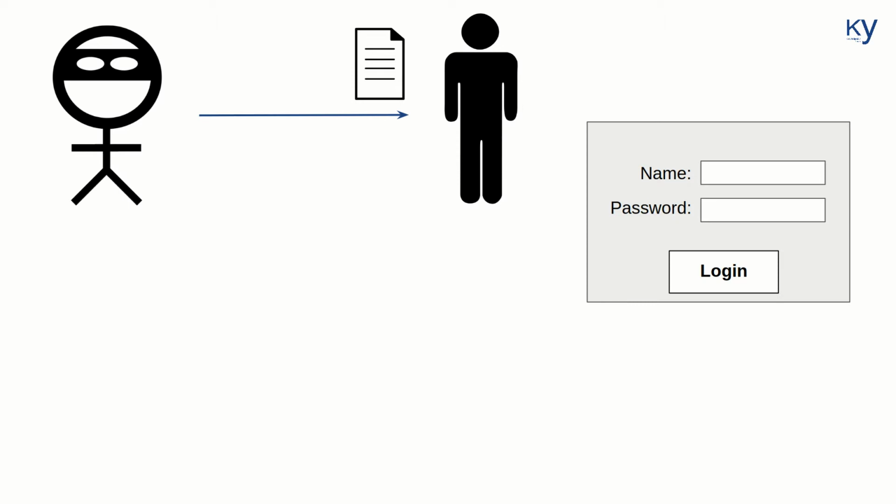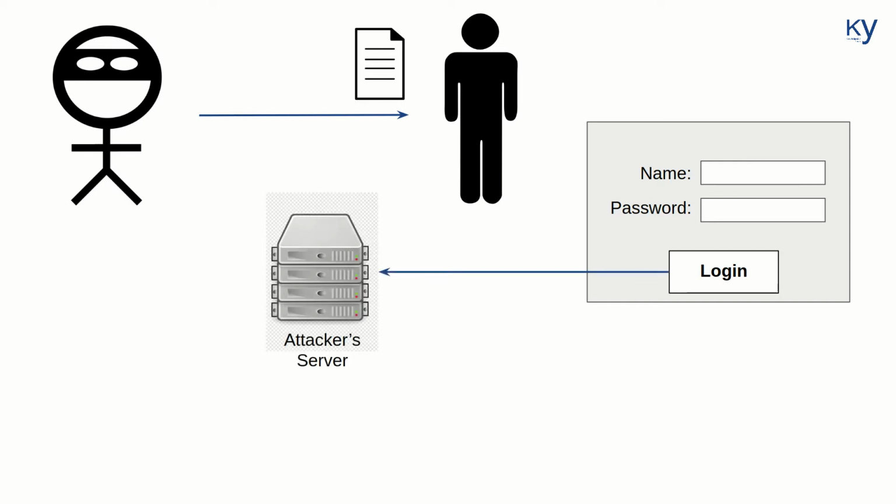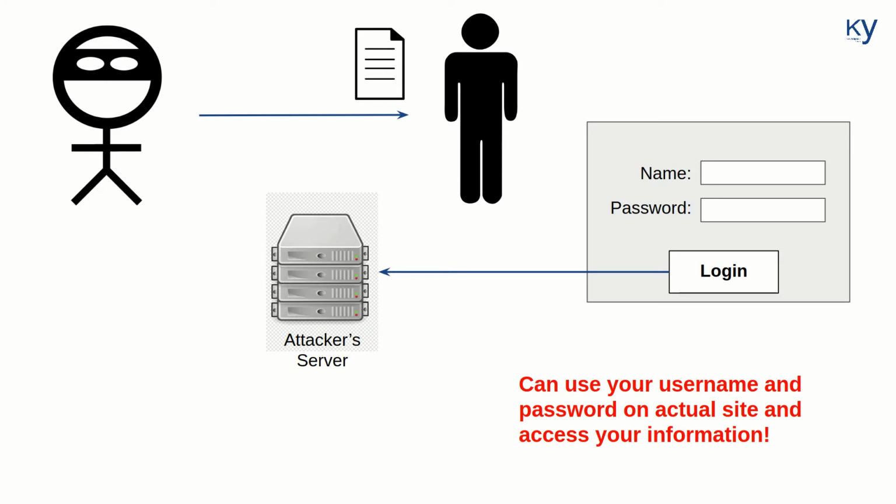They are taken to, let's say, a login form, and type their username and password. But instead of getting logged into that website, the username and password are actually sent back to the attacker's computer. So the attacker now has the victim's username and password, and can use them to either steal your identity or cause financial damage.